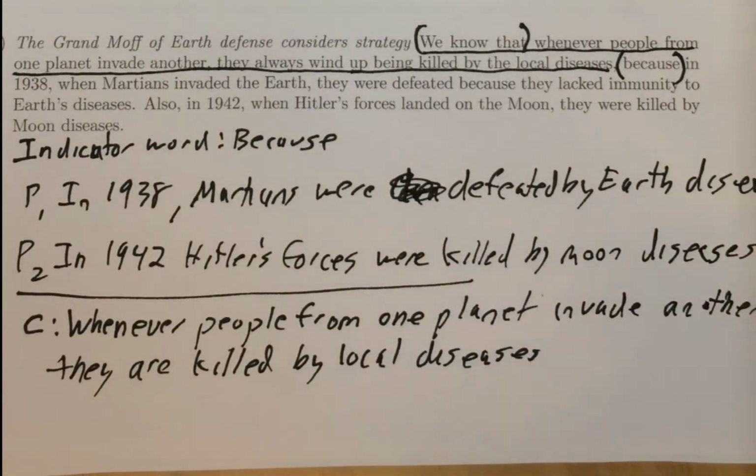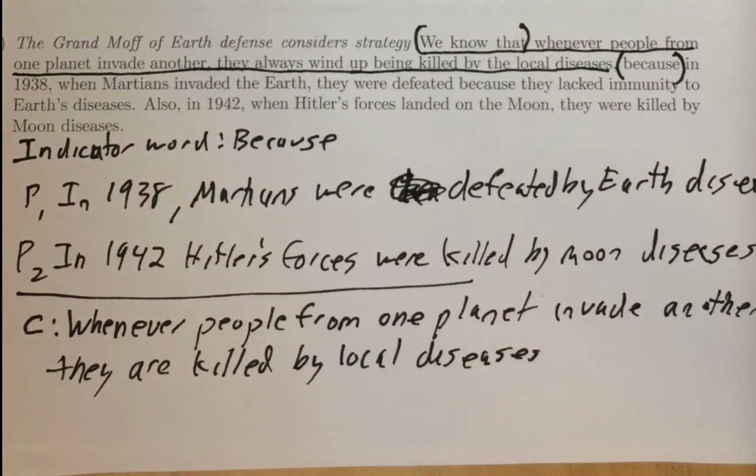But notice that it actually has the exact same format as an argument that sounds much more reasonable. Whenever a country tries to invade Russia in winter, they wind up being defeated by the harsh weather. We know this because when Napoleon tried to invade Russia in winter, he was defeated by the harsh weather.